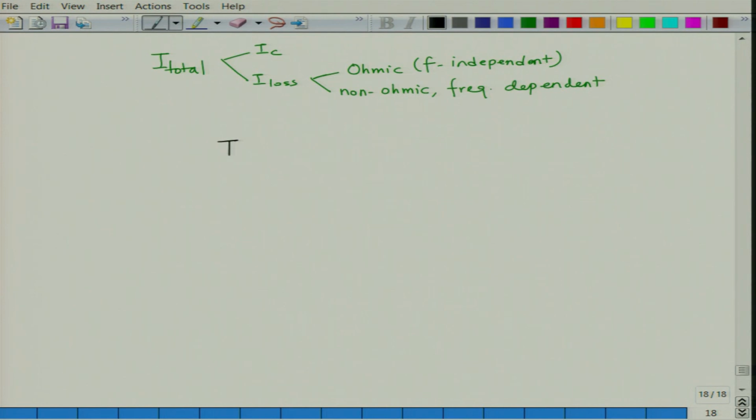So, the loss current in these systems is given by what we call G omega AC plus G DC, into V. Since both of these are in phase with the applied field, that is why it is called loss current.